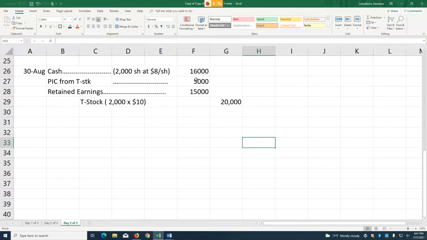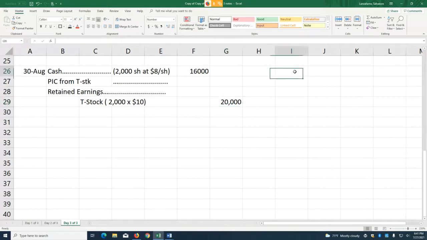Let's get rid of this. I know for sure that this number has to be correct because these 2,000 shares that I put back into the market originally cost me 10. These 2,000 shares, when I just acquired them, cost me 8.